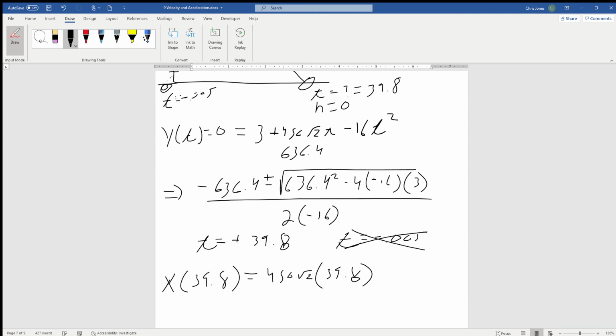And I'm just going to plug that in, and I end up with 25328.6, and that would be in feet.